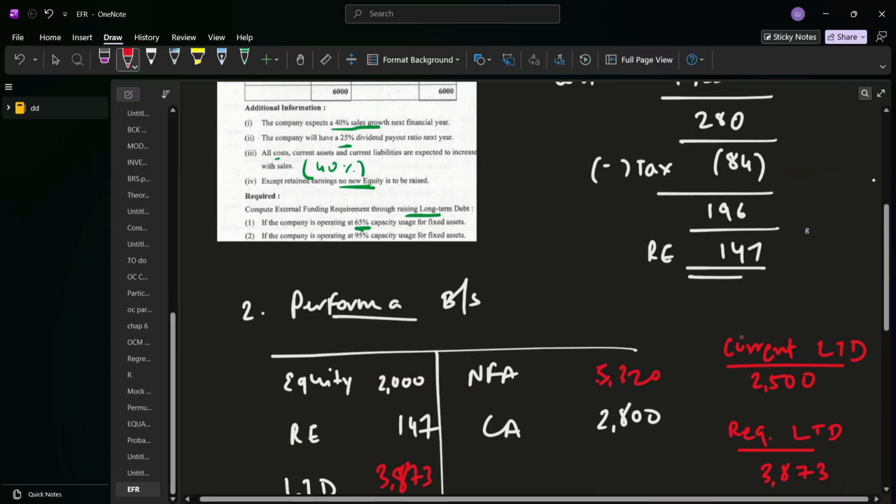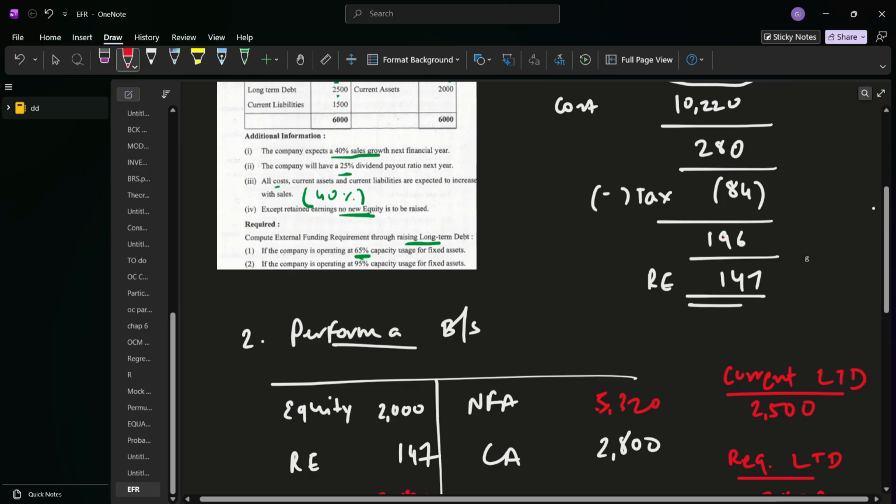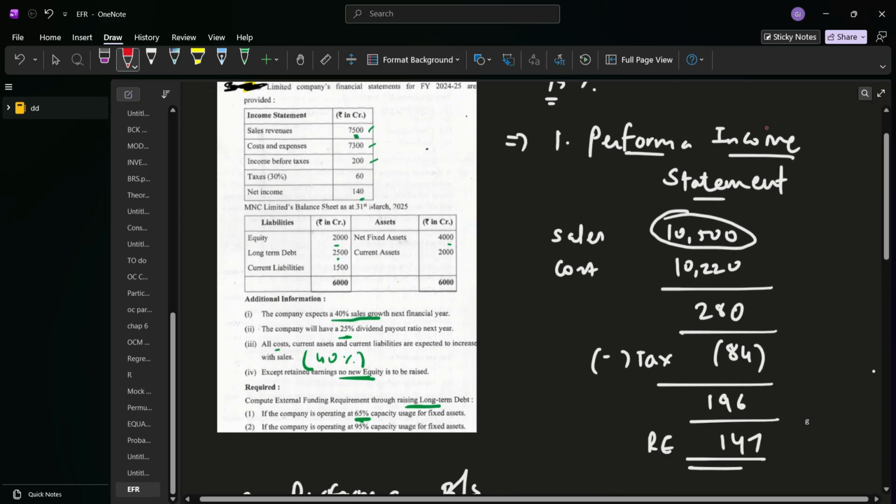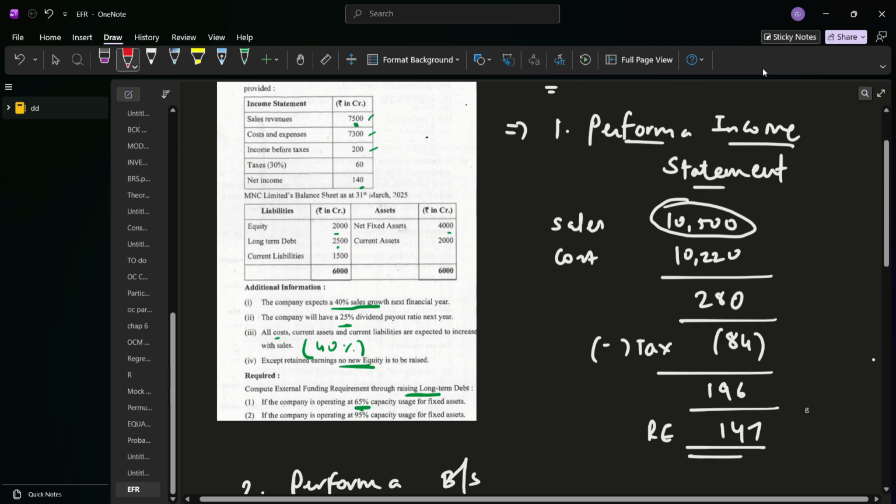Okay, so I hope both scenario 1 and scenario 2 completely provide a complete picture of this concept. And thank you so much for watching this. See you again with some other important concept. Okay.